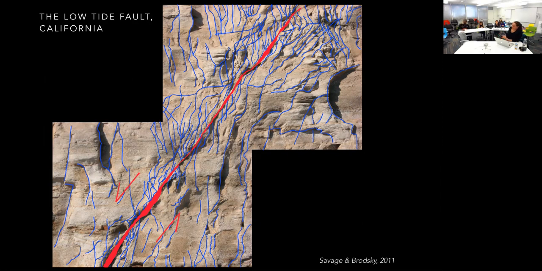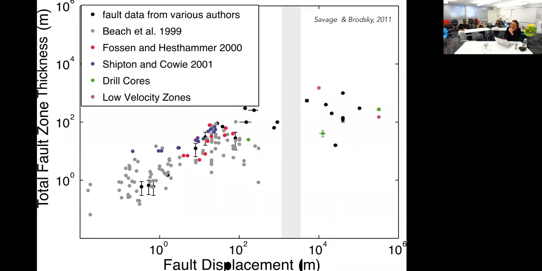So that means the fractures around the fault aren't just formed by that initial stage of forming a bunch of fractures and then linking up. Cowie and Shipton had concluded that once you linked up, there was no reason for the wall rock to fracture anymore, so the number of little fractures around the fault should stay constant even as the fault matured. Savage and Brodsky showed that in fact that's not true. There is a maturity trend with time.